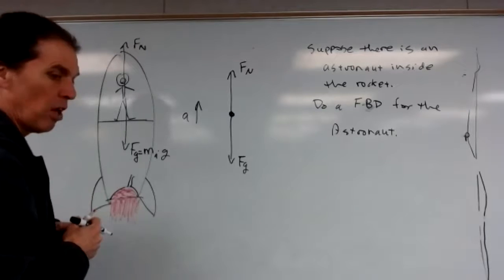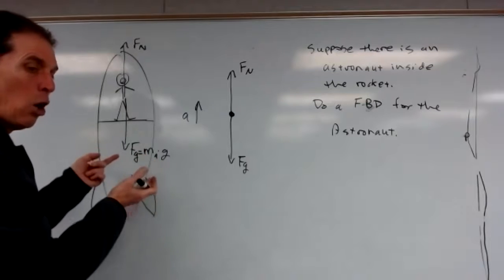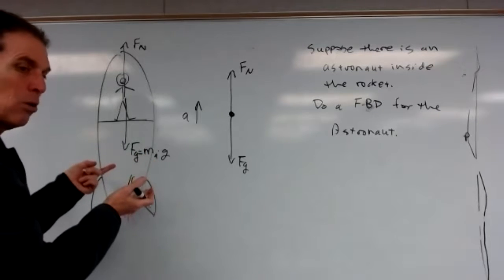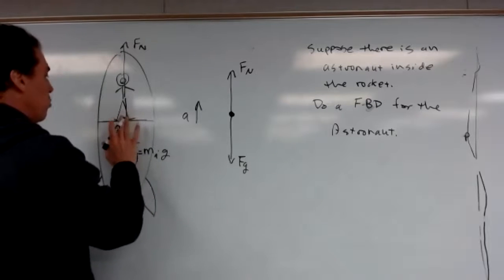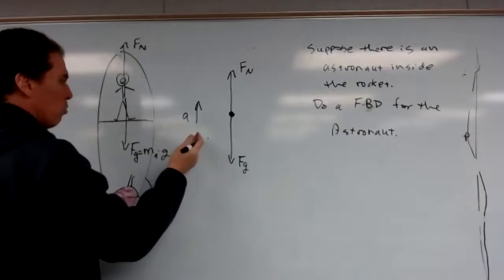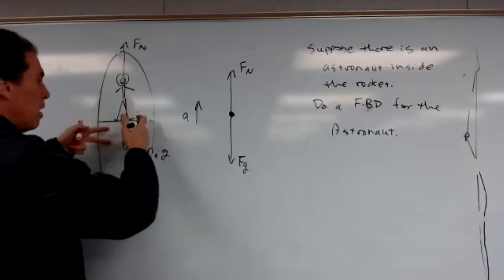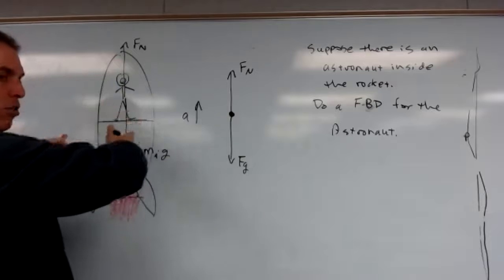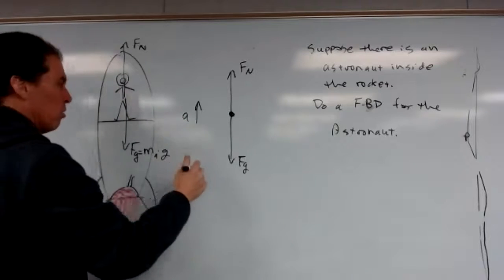Equal. They're the same, right? Hopefully, for the sake of the astronaut, he's still inside the rocket the whole time, right? It'd probably be bad if he wasn't, or she, right? And so the astronaut is moving with the exact same acceleration as the rocket. Not that it's necessarily relevant to this problem, but it's important to know that if we're asking some questions about the rocket and the astronaut, we can recognize that those two accelerations are the same.